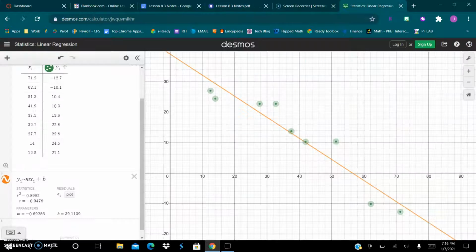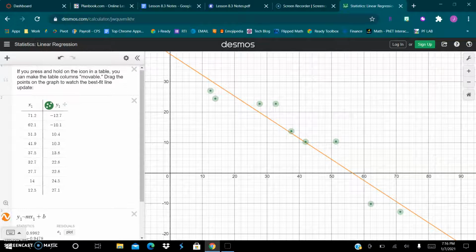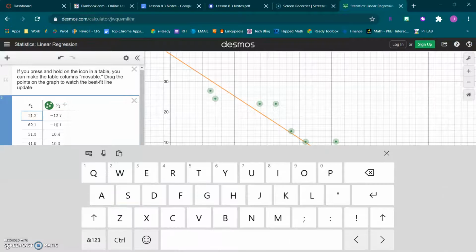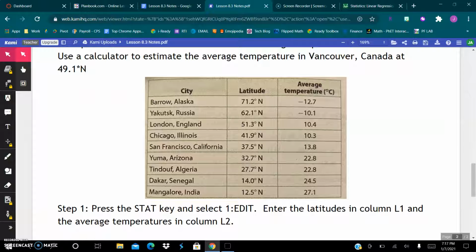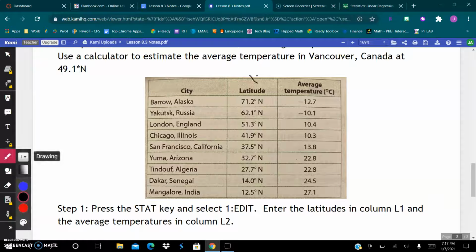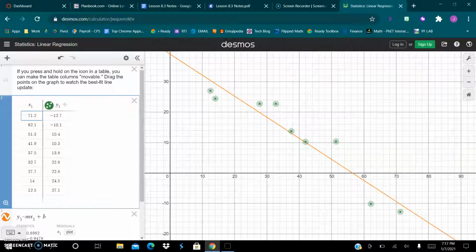So we're going to go over here to this calculator, and it's going to have this all set up for you. The only thing I have done so far is change these numbers over here in the X and Y columns. The first ones were the X and the second ones were the Y, and I typed those in from that table.